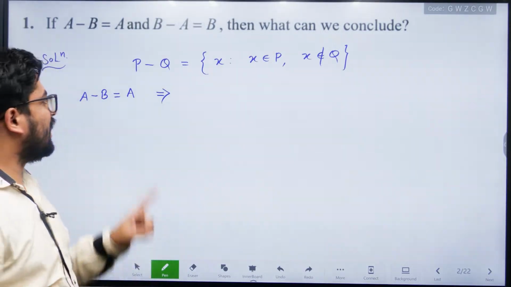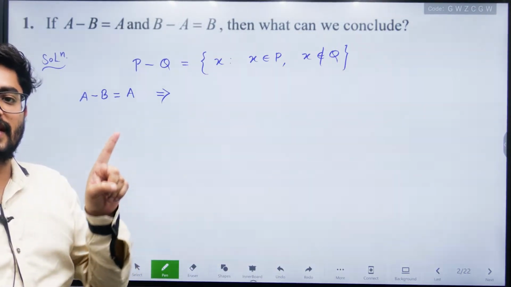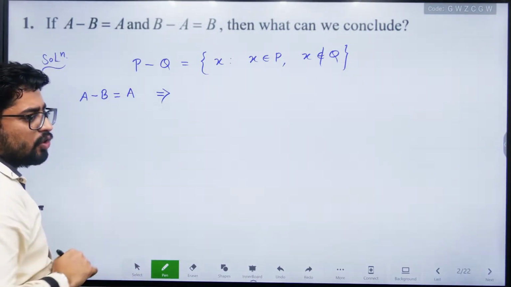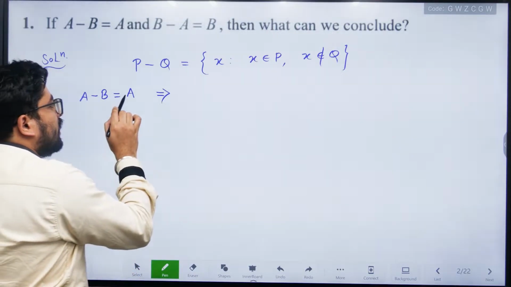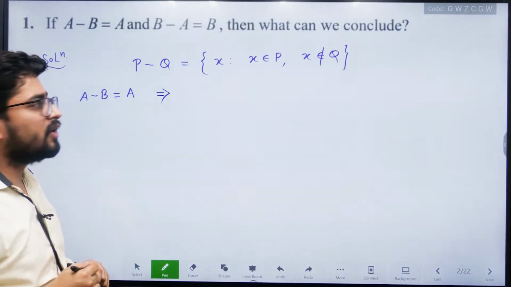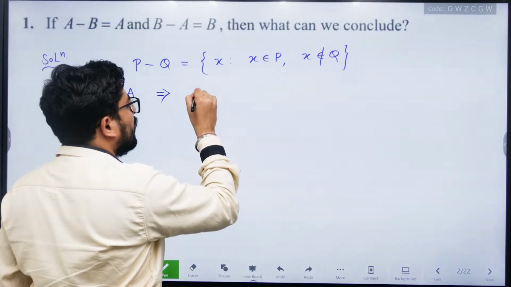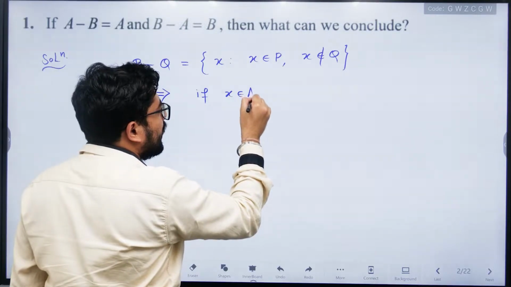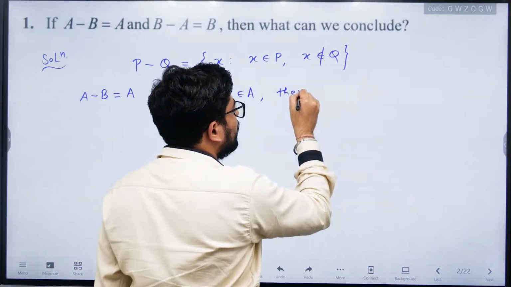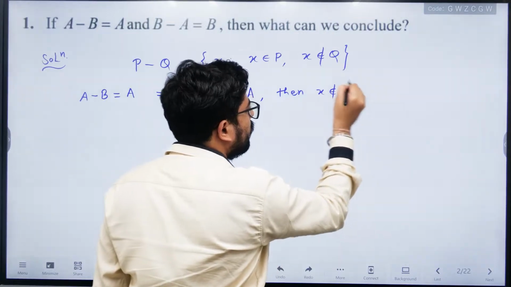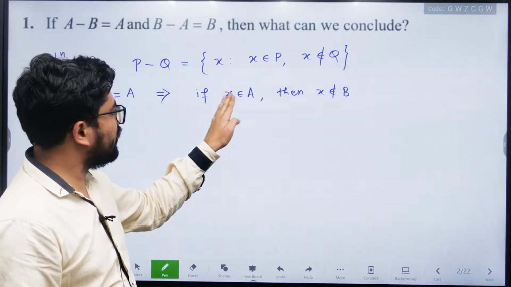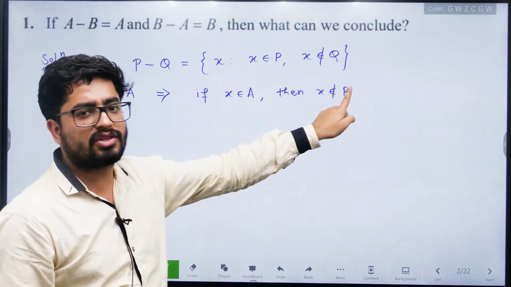A minus B is the collection of all elements which are in A but not in B, and A is the complete set A. So if A minus B is equal to A, the meaning is: if you choose any element in your set A, that is not in B. So you can say if x belongs to A, then x does not belong to B. Because A minus B is equal to A, if you choose any element in A, then that element is not in your set B.